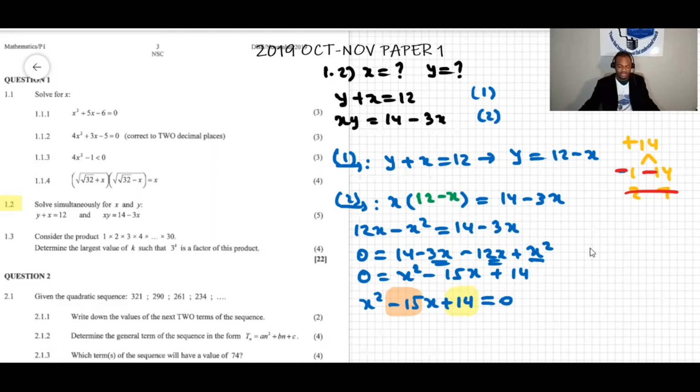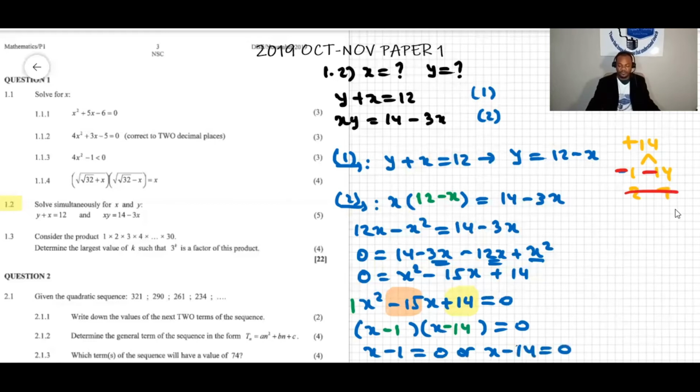Also because the coefficient here was just 1, we can just place x in the bracket, and then equal to 0. We sub in the values negative 1 and negative 14. So therefore we can say x minus 1 equals 0, or x minus 14 equals 0.